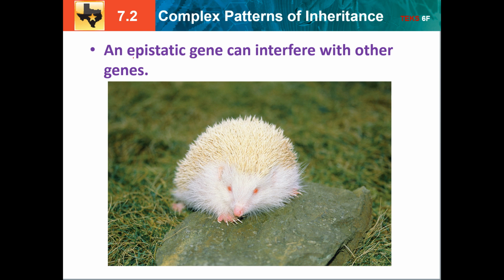Another idea is what's called epistatic gene interactions, where this phrase epi means above. So there's some sort of higher level interaction occurring with the genes. Let's imagine that there were 4 genes that determined the color of this porcupine here. This right here is an albino porcupine.